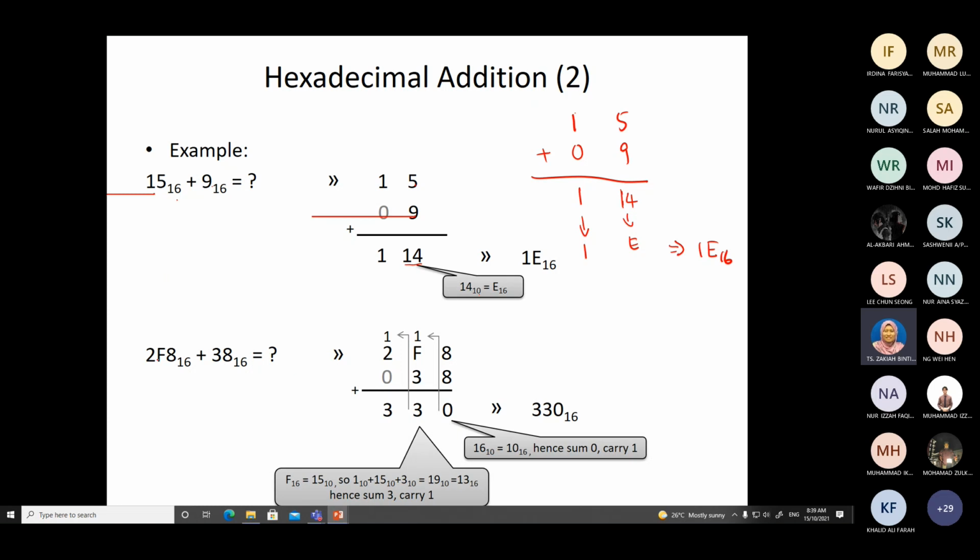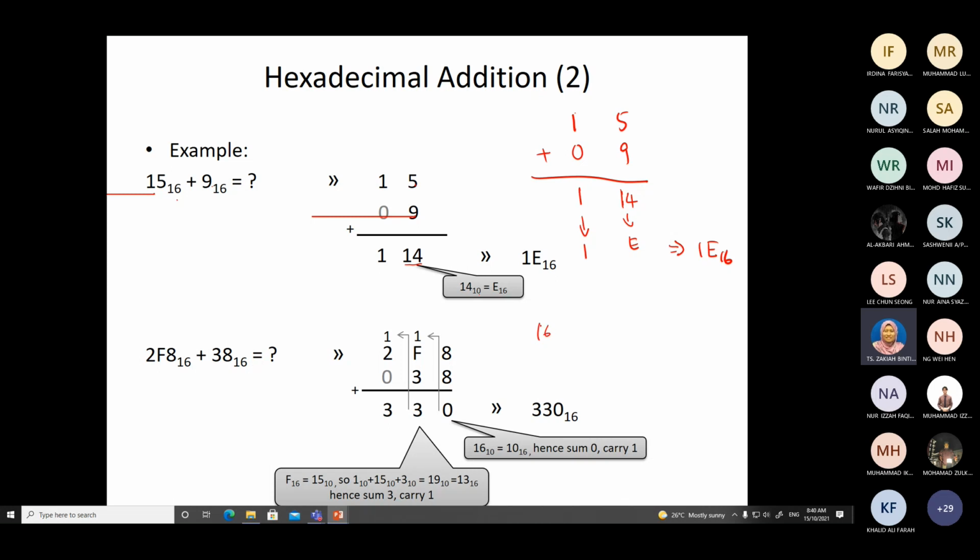What we have here is 2F8 plus 38. When you add the 8s, the value exceeds 15, which means you will get a result of 2 digits. In this case, 8 plus 8 is 16.